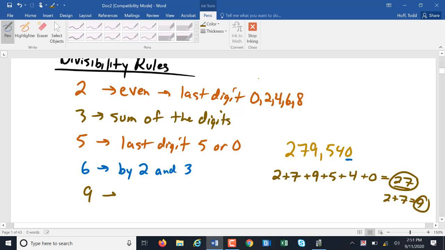For 9, just like 3, it goes off of the sum of the digits. Only instead of being divisible by 3, it has to be divisible by 9. Well, 27 is divisible by 9, so that whole number again is divisible by 9. How about for 10? It ends in a 0. Last digit is a 0.